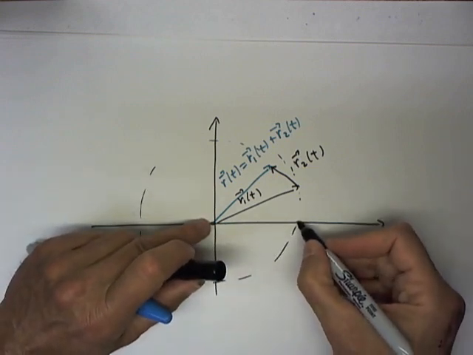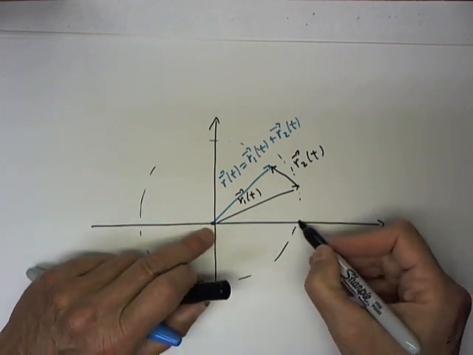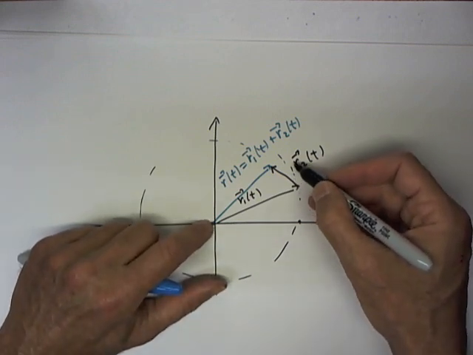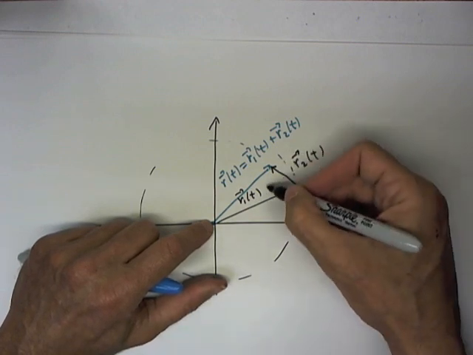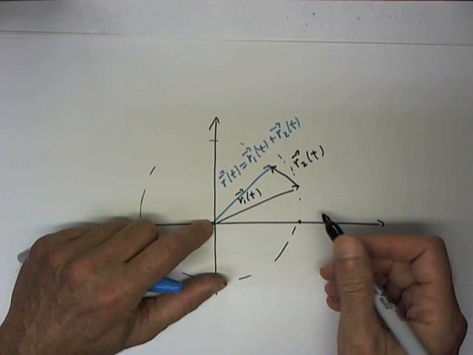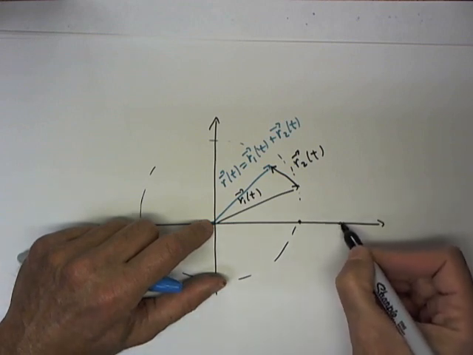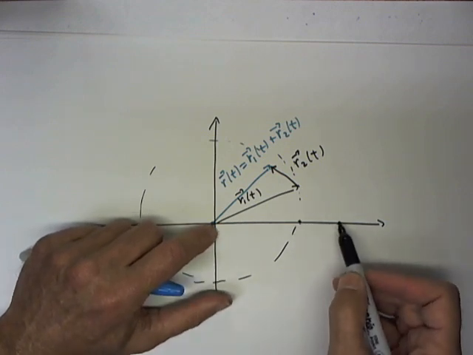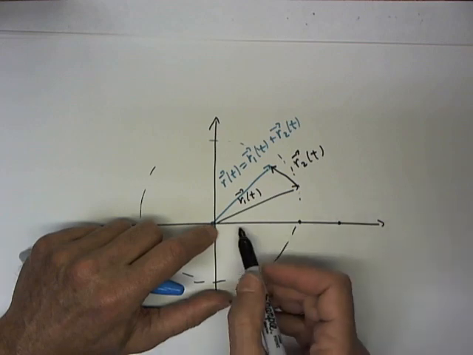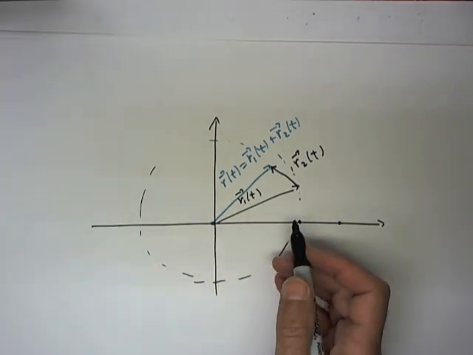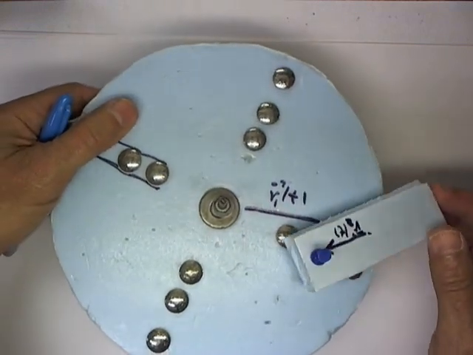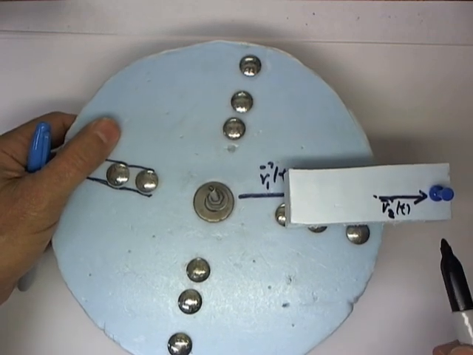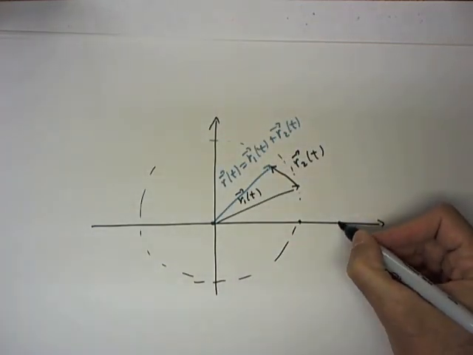Let's say at t equals 0, the axis of the rotating piece of foam on the circle is at this point, and the beam is oriented in such a way that the vector is here, so that would correspond to this orientation where the r1 vector is added to the r2 vector, giving us a point here.